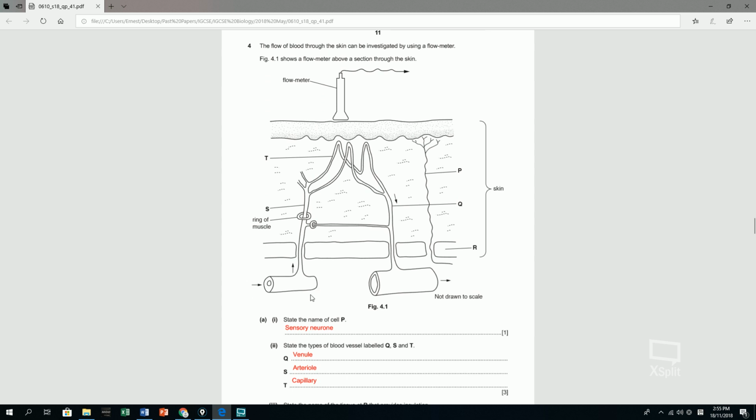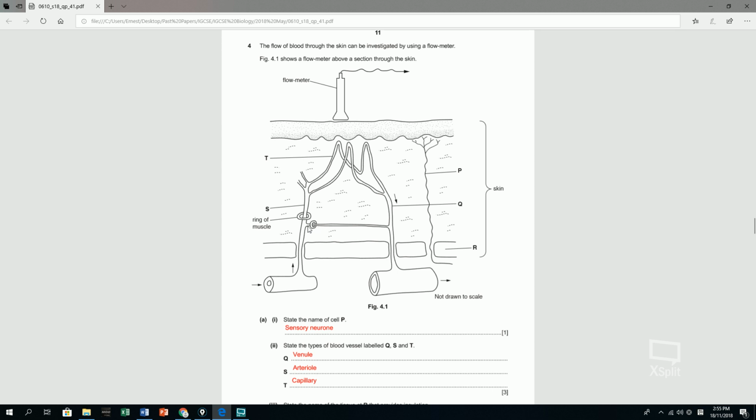We'll just go step by step. This is the arteries that carry blood away from the heart, and they branch out into smaller vessels called arterioles. So the arterioles will branch off into capillaries, which is represented by the label T. So S is arterioles, and the capillaries are grouped together to form venules, and the venules are combined to form veins.